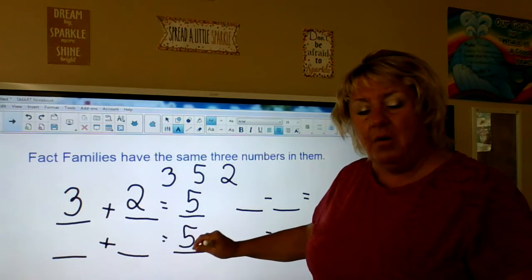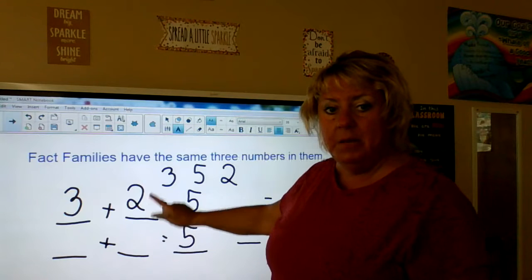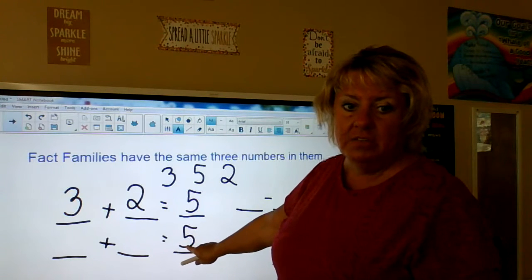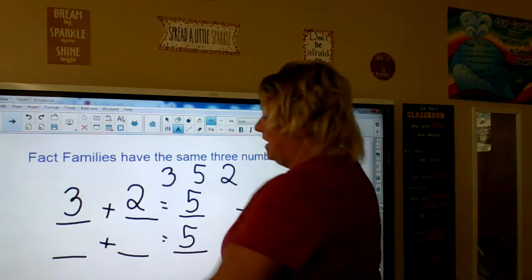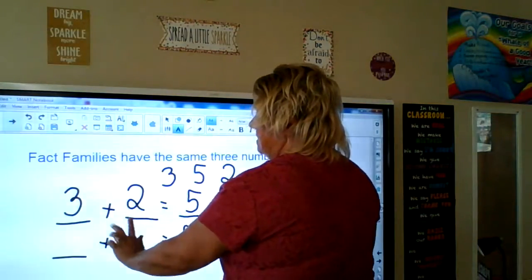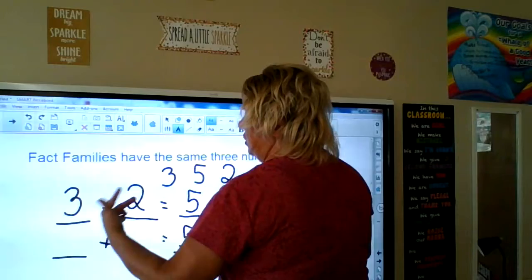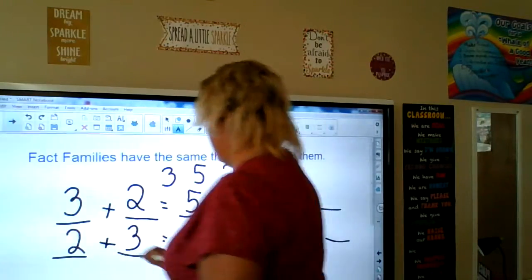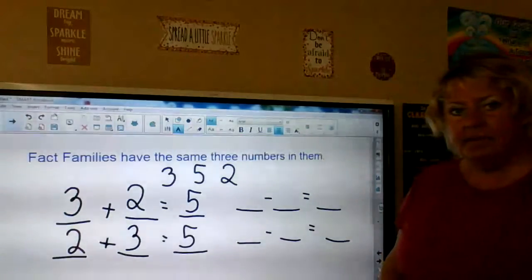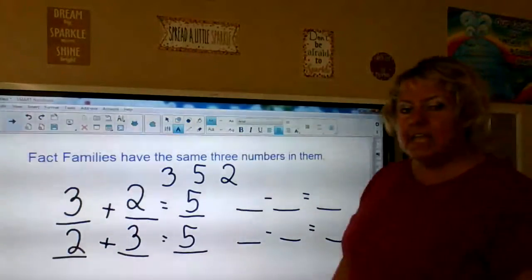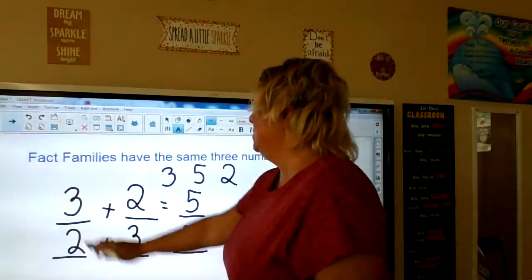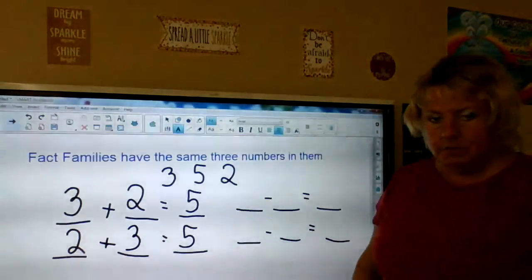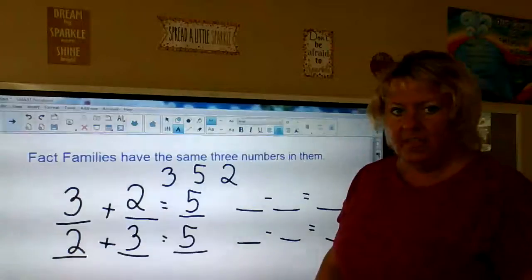Now I can do another addition problem using a 3, a 5, and a 2. I've already used my 5. I don't want to make the same one again, so I need to do the turnaround fact. 2 plus 3 equals 5. Okay. So those are 2 out of my 4 number sentences for my fact family.